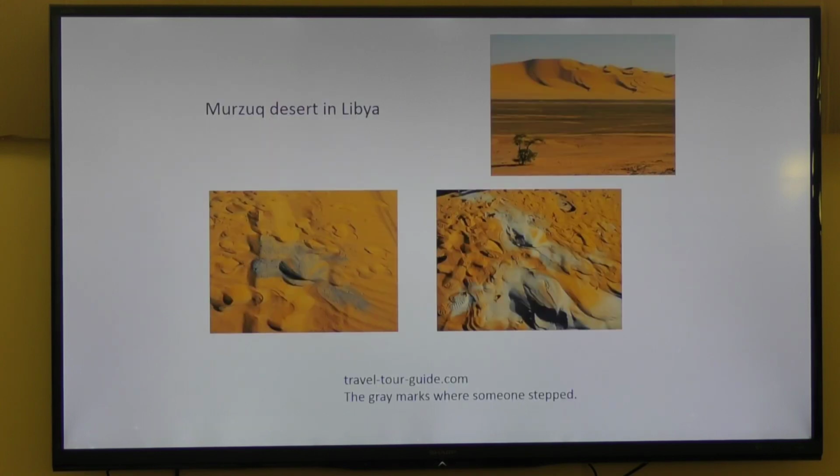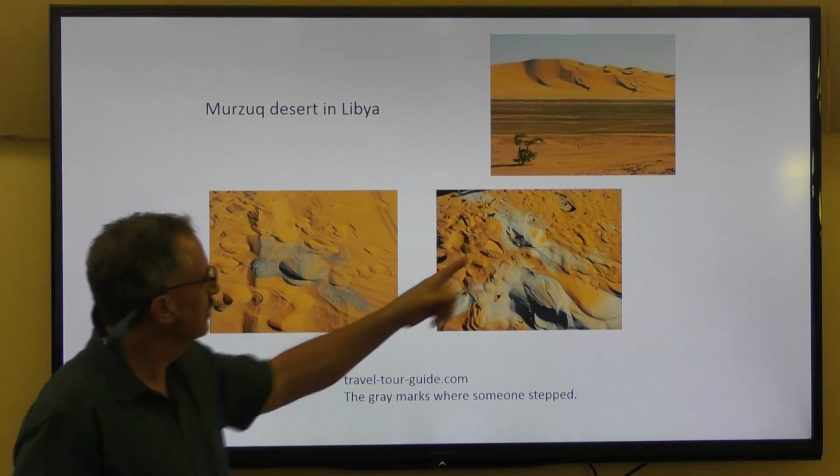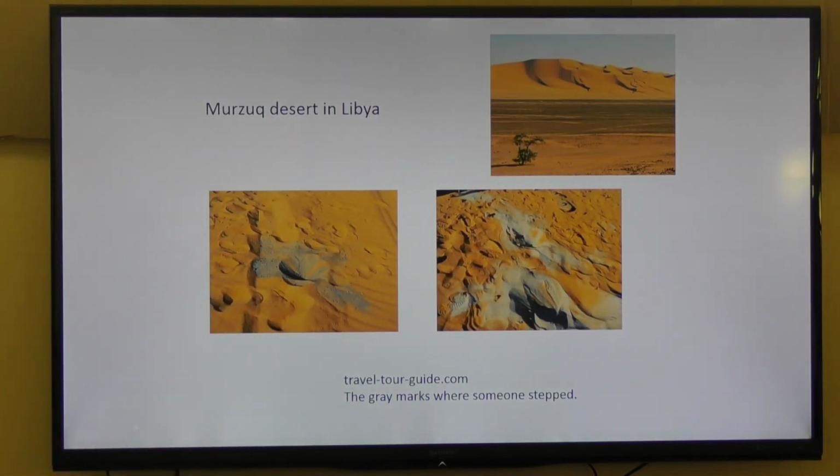Okay. This is a desert in Libya. And these are footprints. So it's kind of the start of a red bed. The reason I kind of knew to look at Libya was a geologist who was working there, exploring the sand dunes. I forget his name right now. He was based in Colorado.